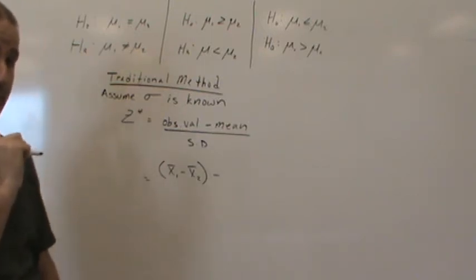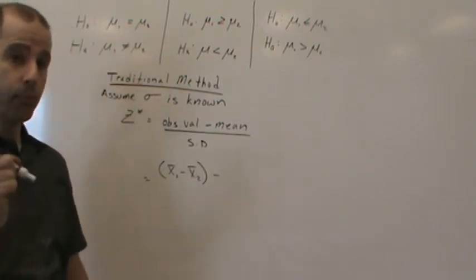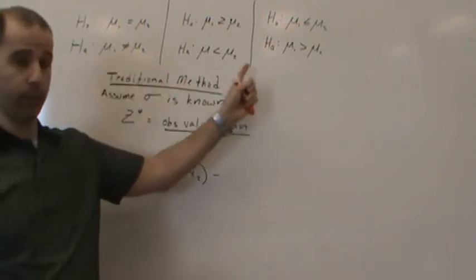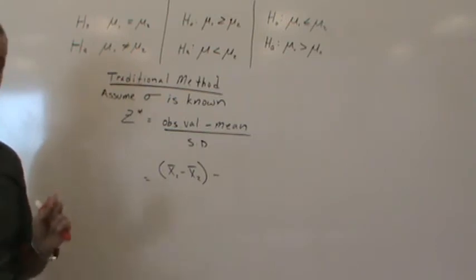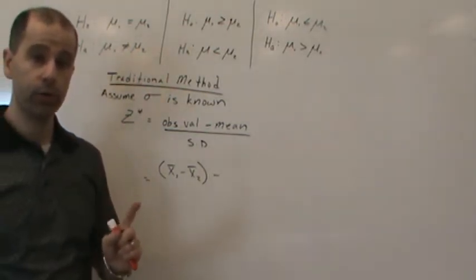Now this brings up the question of, okay, what mean are we going to use? This is where the equivalent form of these comes in. Because remember, we're always going to assume what? The null is true.